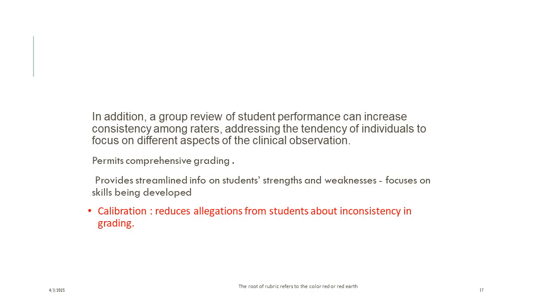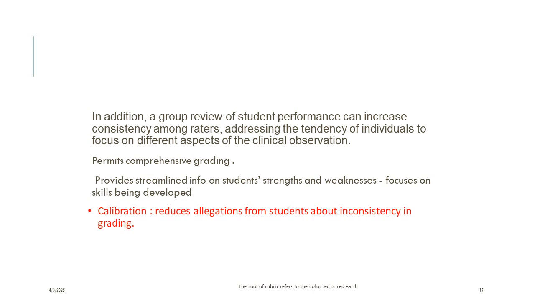And a very important point is calibration, because it reduces allegations from students about inconsistency in grading. For example, we can have a roundtable meeting among the faculty members, the teaching staff and the assistant teaching staff, and we can have a calibration.